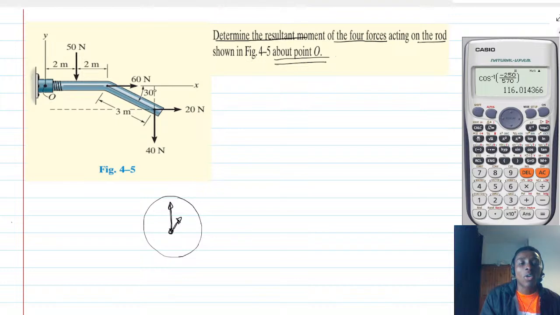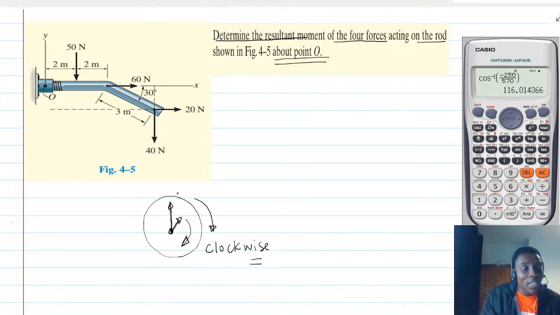Ideally, if you have a clock, you expect that the clock will be turning in this direction. We call that clockwise. So when we say clockwise movement, it means that the direction of the rotation is in the sense of the clock.